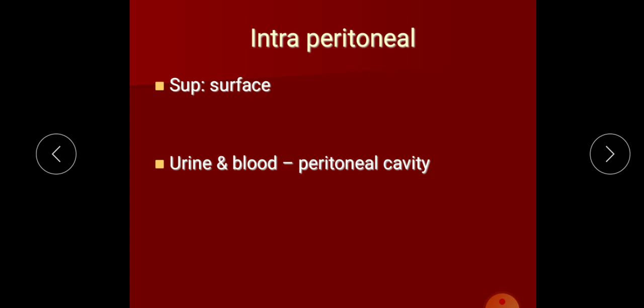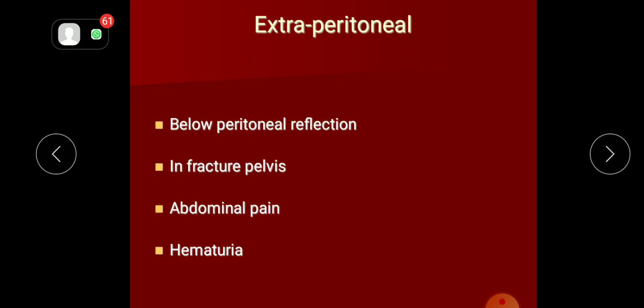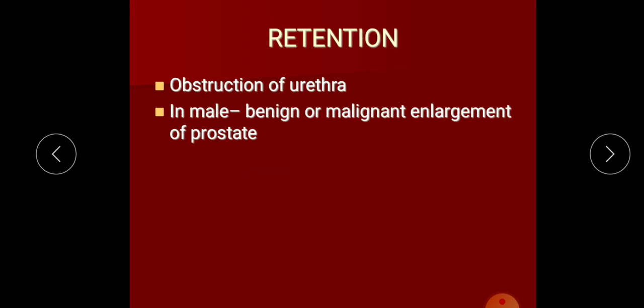An injury there often leads to an intraperitoneal injury, and you get urine and blood in the peritoneal cavity. But an extraperitoneal injury, commonly in fracture pelvis, is where the injury is below the peritoneal reflection, and it presents with abdominal pain and hematuria. So injury can be intraperitoneal or extraperitoneal depending upon the site of injury.